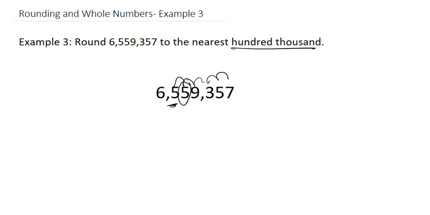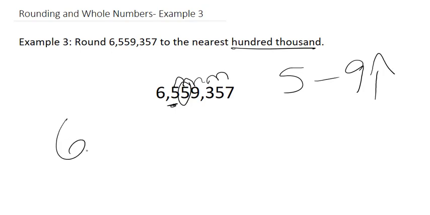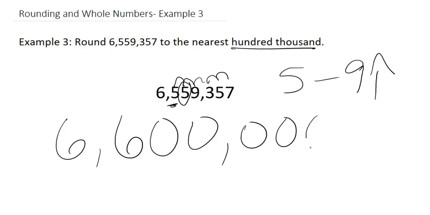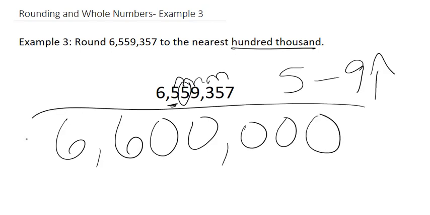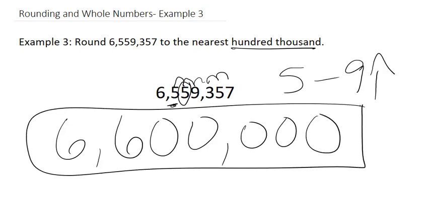And because 5 is between 5 to 9, we are rounding up. So our answer is going to become 6,600,000. And this is our solution because we always make any digit after what's rounded into zeros.